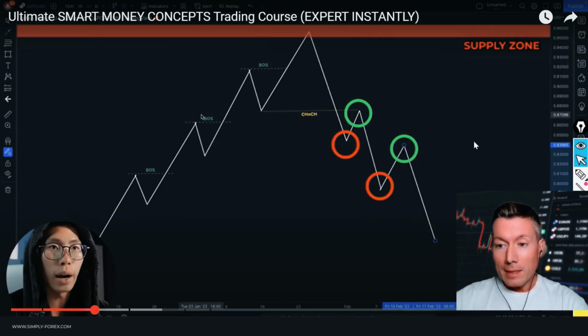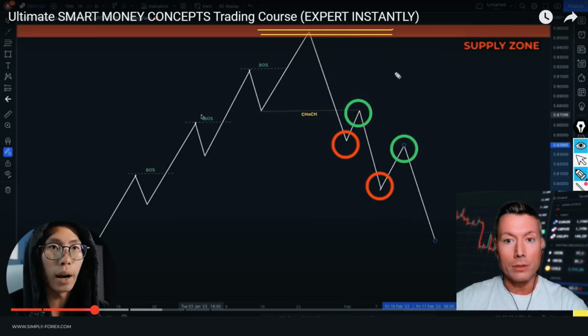Now, it doesn't matter what you call it, right? If you call this important level a supply and demand zone, or an area of order blocks, or support and resistance, it is irrelevant, right? It's just an area on the chart where price has reacted previously, and therefore it should react again at that level. I call that support and resistance, okay?